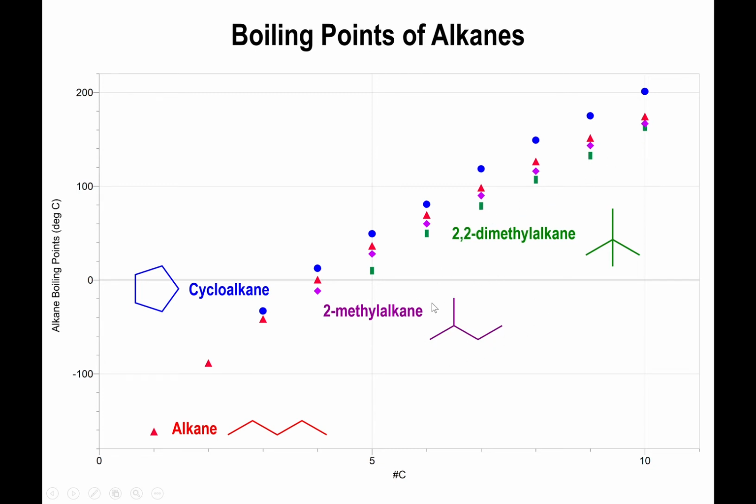The one that is intermediate in terms of that branching is also intermediate in terms of boiling points, and the one that's completely linear is the one with the highest boiling point. So we see that increasing the number of branching units within your linear alkane decreases your boiling point. But the other thing that's also interesting is that your cyclic structure happens to be consistently among the molecules that have the highest boiling point in the entire series.